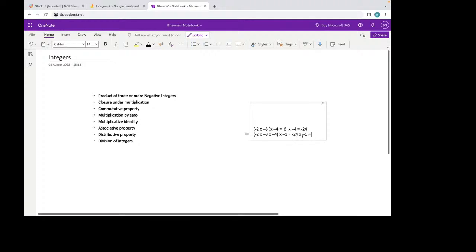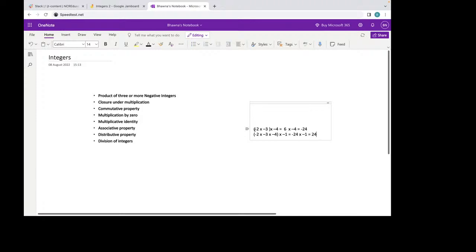When we multiply two negative numbers we get a positive number. So 24 multiplied by 1 is 24, and that will be positive as well. So I got a positive number this time.